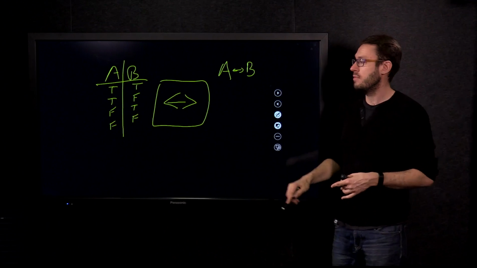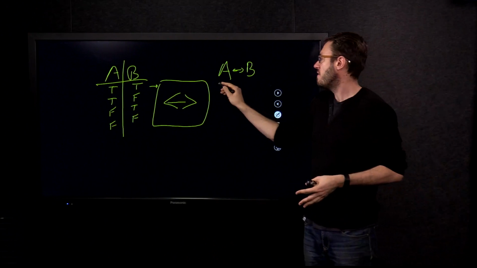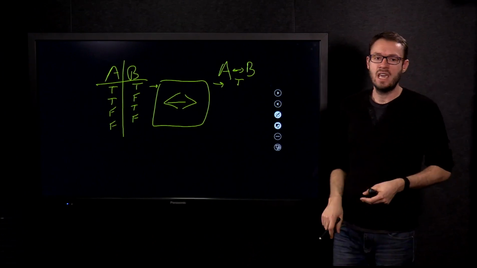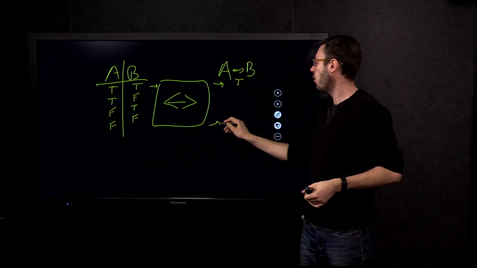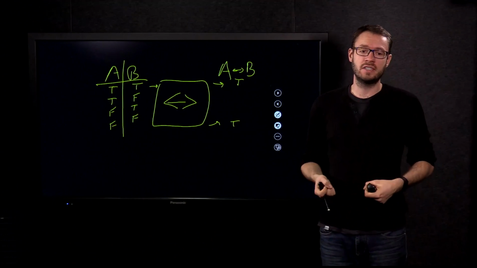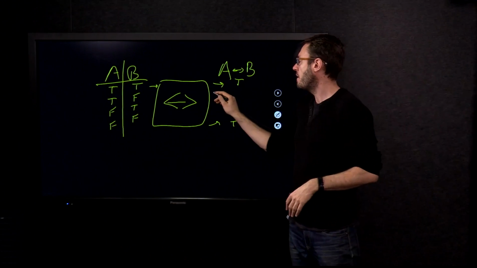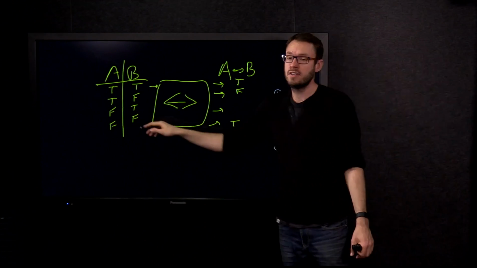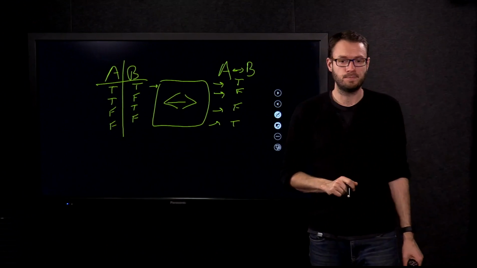So when we feed in TT, when A is true and B is true, then the box churns around and it tells us that the biconditional itself is true. And when we feed in FF, when both sides are false, then the biconditional also gets to be true in that situation, right? Because the 2 things have to stand or fall together, so when they're falling together, then this compound proposition gets to be true. But when they have different truth values, when A is true and B is false, then the biconditional is false. And when A is false and B is true, then the biconditional is false as well.